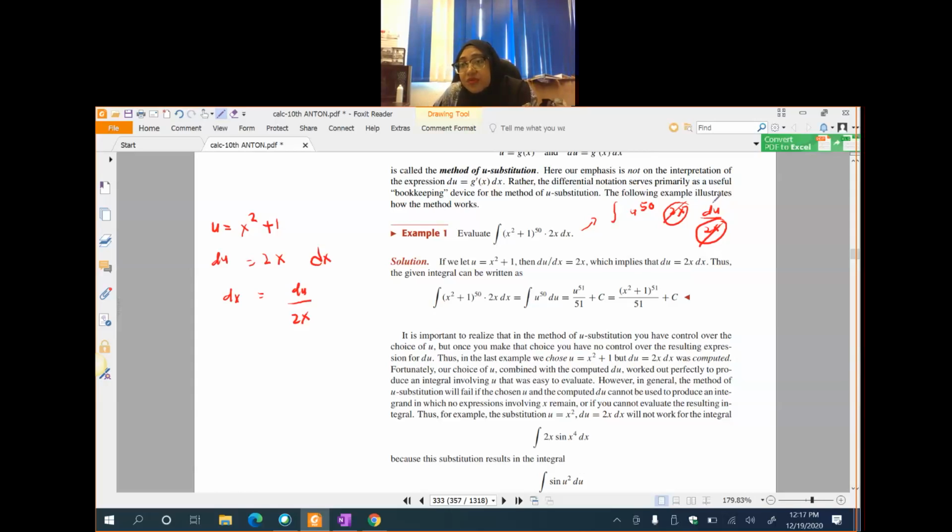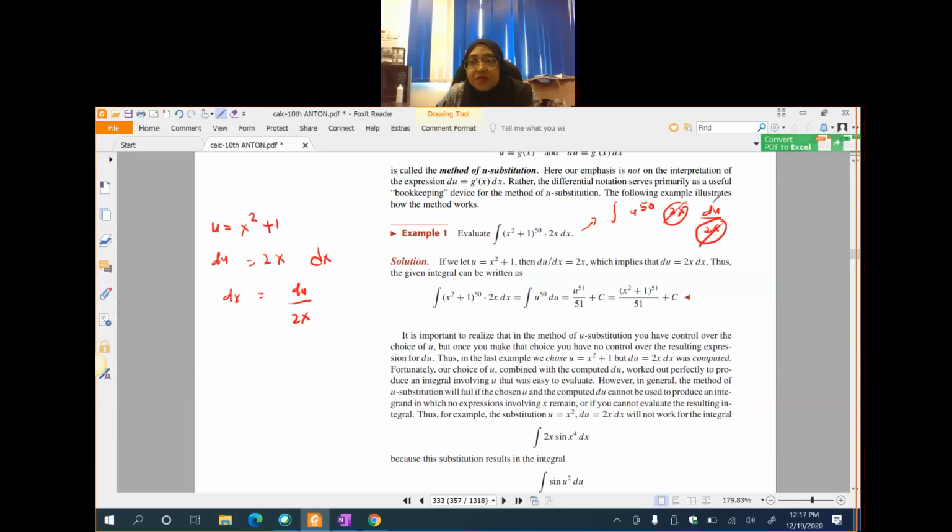Okay, so if you look at the new function here, the x is 100% eliminated. Okay, you can somehow eliminate all the x. So that is the purpose.